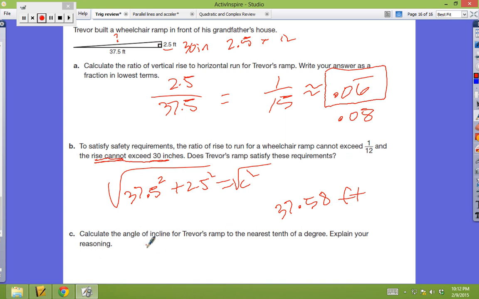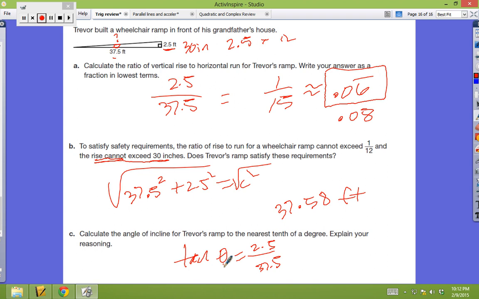So calculate the angle of incline. They want theta right here. So theta, I'm going to use opposite over adjacent. So I'm going to use tangent. Tangent of theta is equal to 2.5 over the adjacent. That's 37.5.